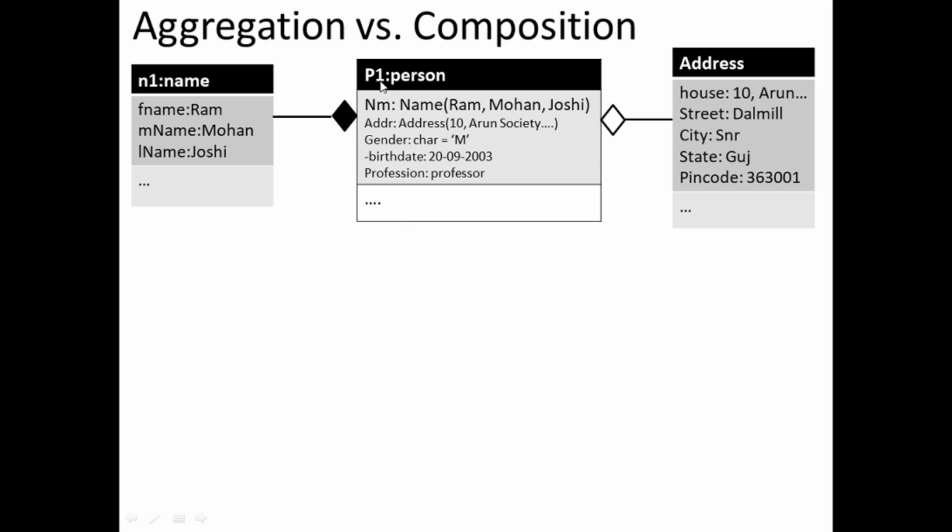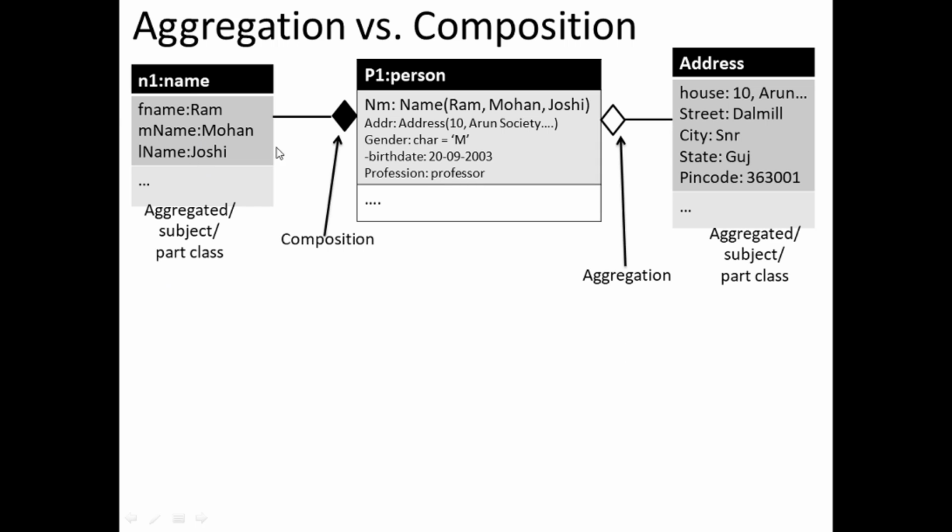So P1 and address are connected using aggregation, whereas name N1 and P1, these two are connected using composition. So this is composition type of relationship, whereas this is aggregation.